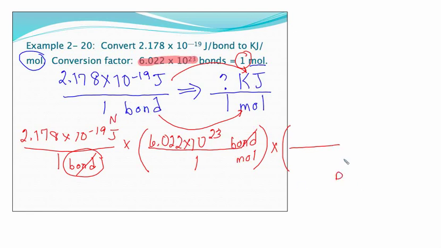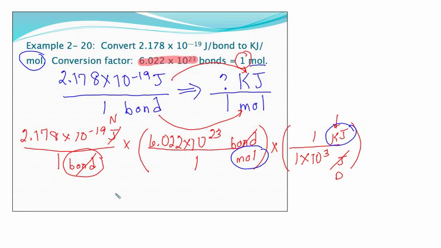To eliminate it, I'm going to put it in the denominator and put kilojoules in the numerator. Find your prefix. That's a 1. 1 times 10 to the 3rd joules for every 1 kilojoule. Now my joules cancel. And when I'm all done with my math, I'll have kilojoules left per mole.